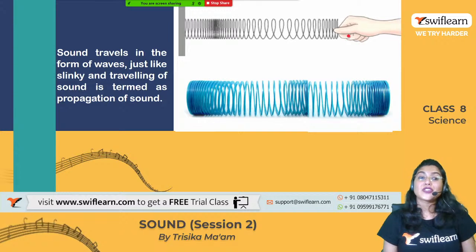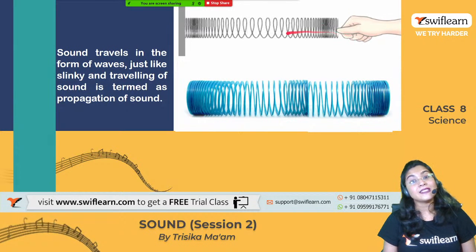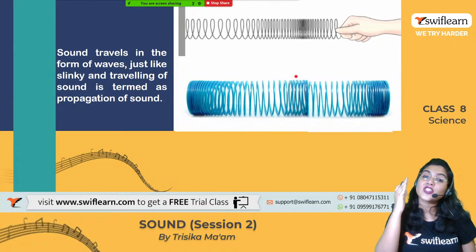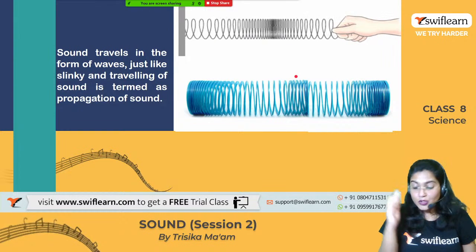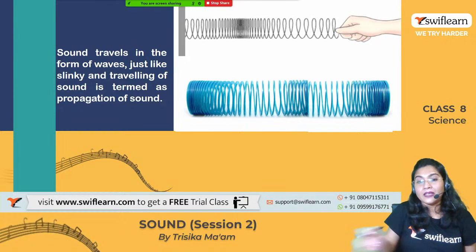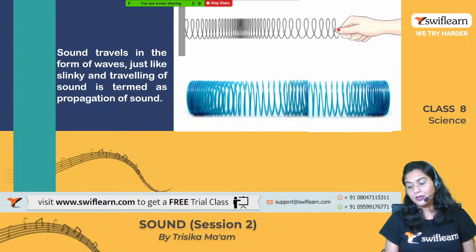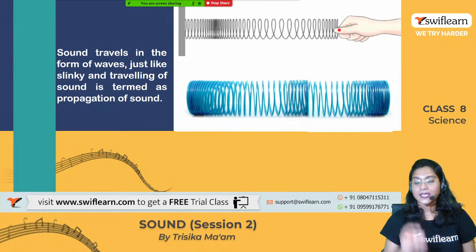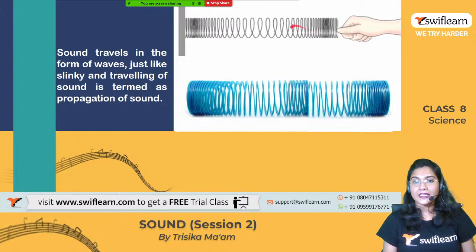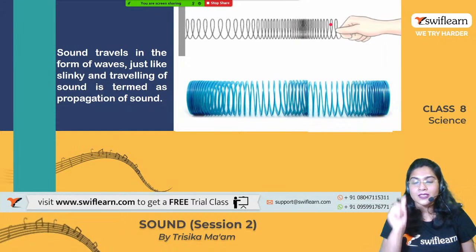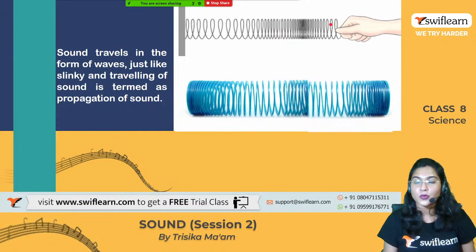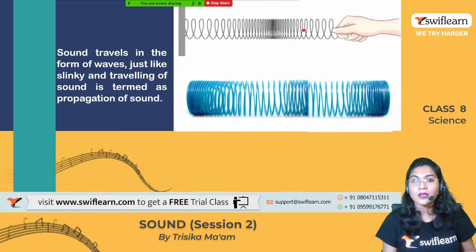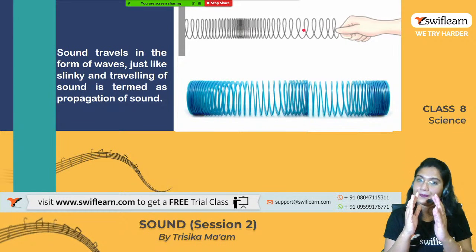Yes. So sound also travels in the form of waves, and it is exactly like the slinky. Over here, what is happening is that a forward motion pushes the rings of the slinky. Can you see, when somebody is pushing it in the forward motion, the rings are going in a compressed manner, right?